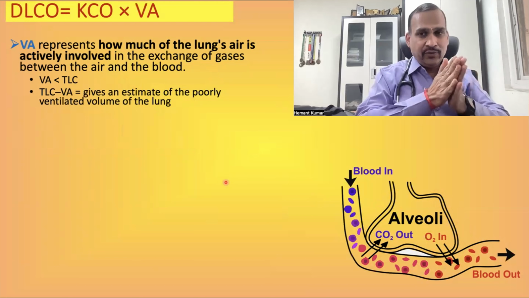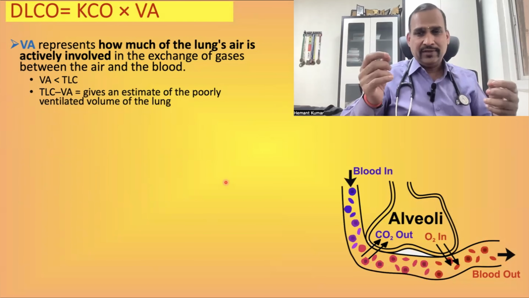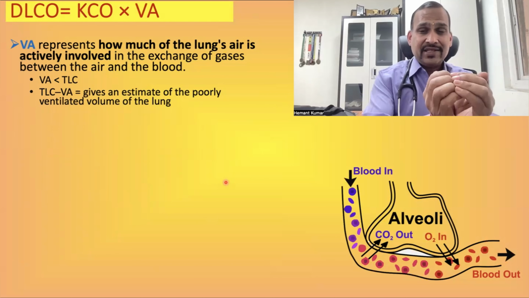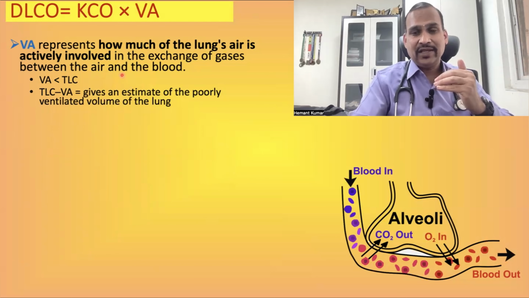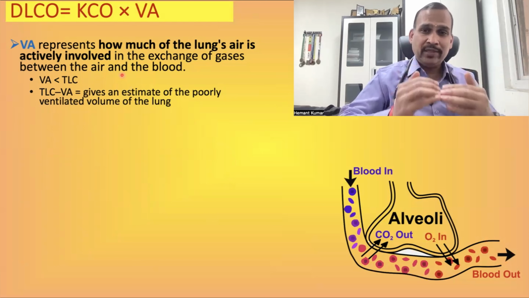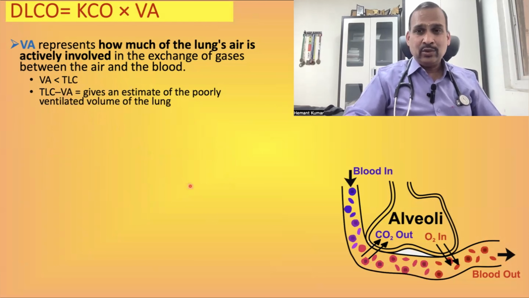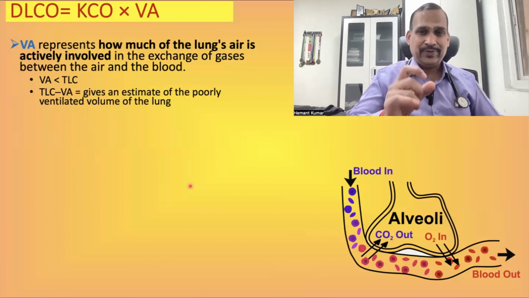So it removes dead space, because some alveoli are not functioning, some blood vessels are not functioning. It will remove that. So VA is the actively available surface area for gas exchange. Technically, in a normal individual it should be equal to total lung capacity. But it is never equal to TLC, because TLC includes the whole lung including dead space.